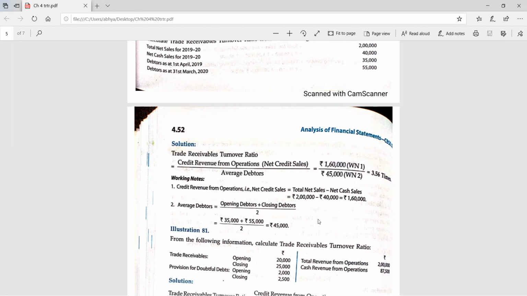Opening trade receivable 20,000, closing trade receivable 25,000, provision opening 2,000, provision closing 2,500.